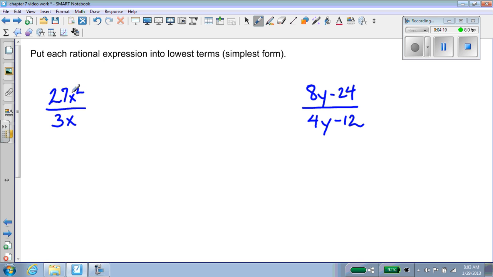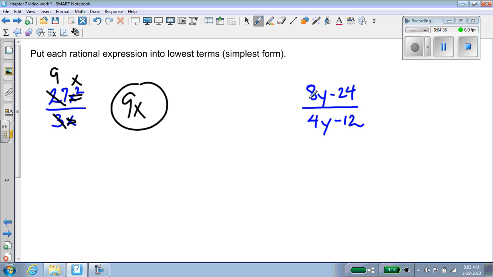This goes right back to the beginning of chapter 5, and we can just divide 3 into 27, and x squared divided by x, so x to the 2 minus 1. So this would just be x. So my answer would be 9x in lowest terms.